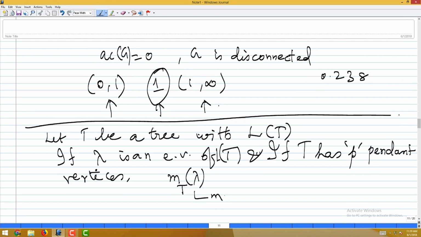So, multiplicity of lambda is going to be less than or equal to p minus 1. So, number of pendant vertices, and actually in the next result we will be talking about number of pendant vertices and its adjacent vertices.